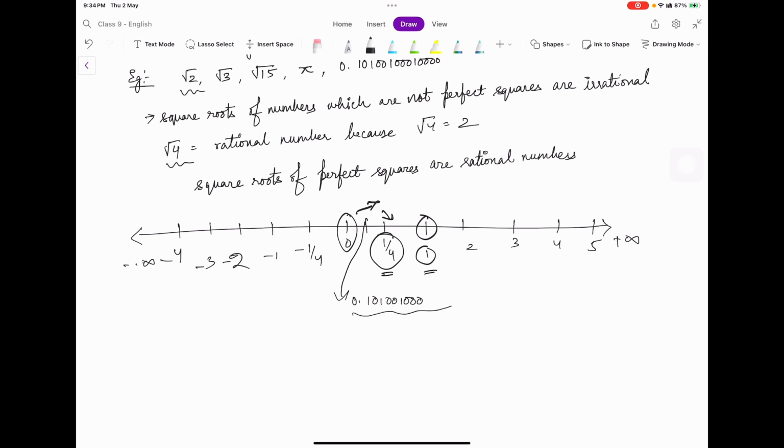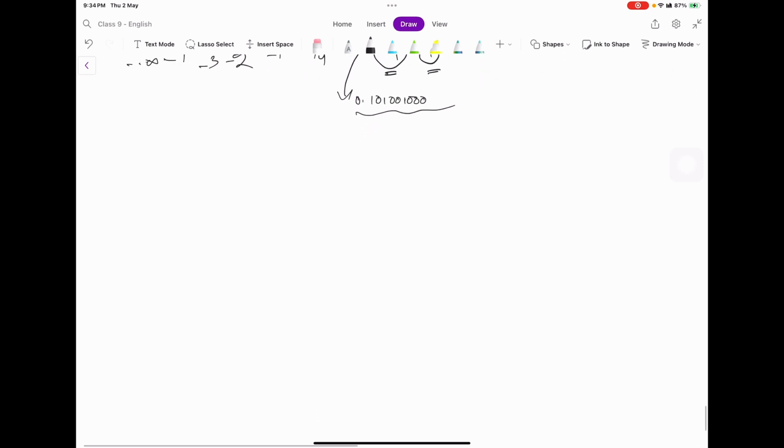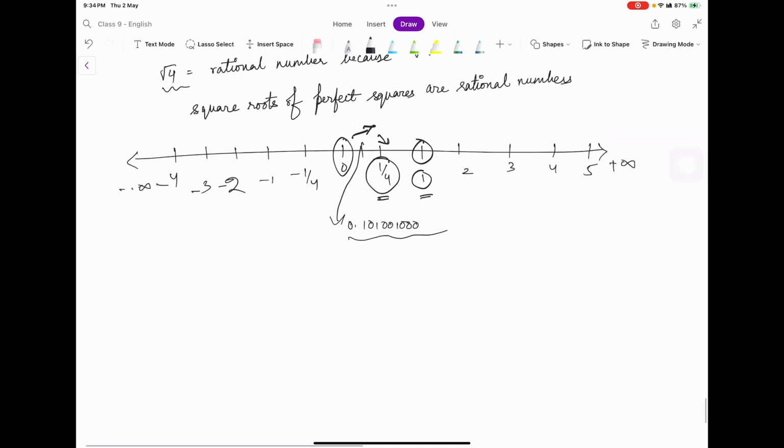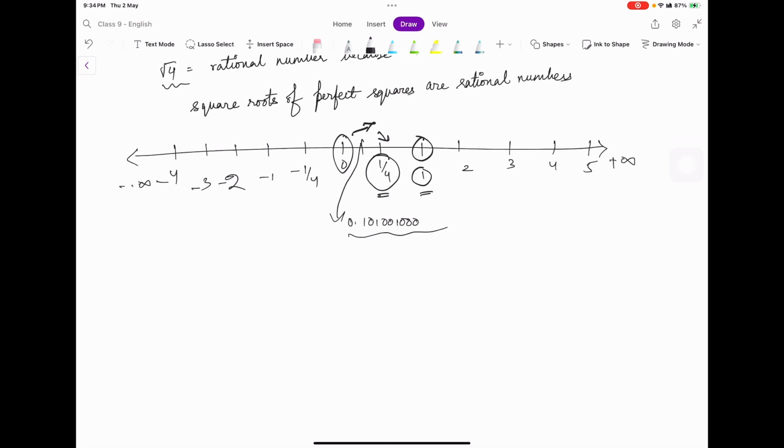So how will we find these numbers? And one more thing before we do this, there is a concept.